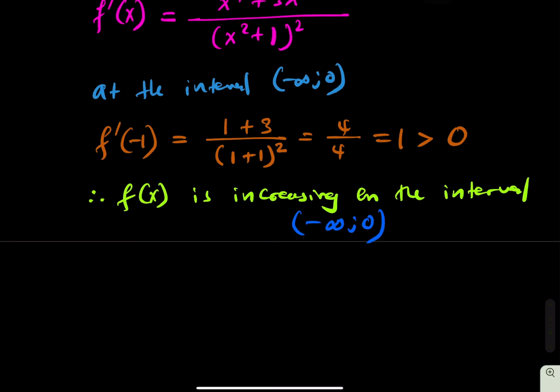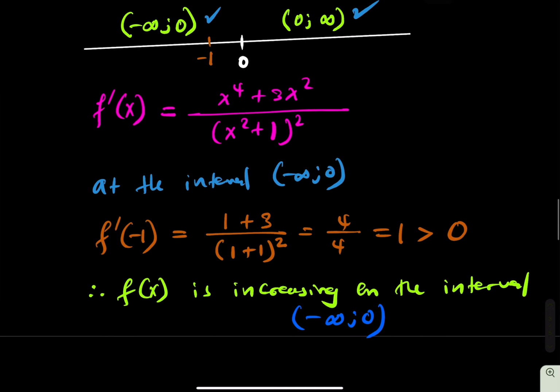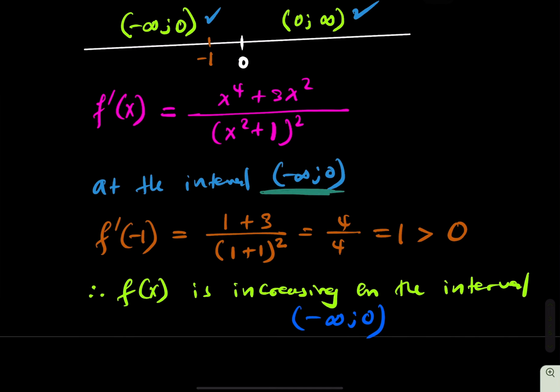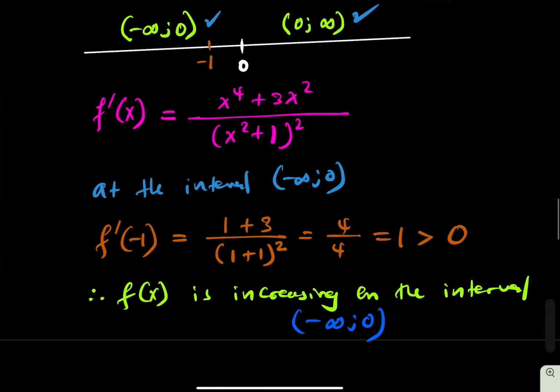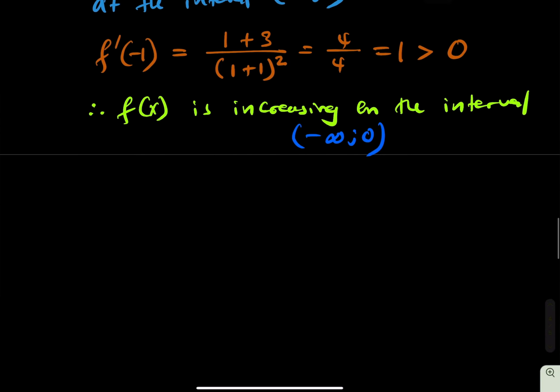This is where f is going to increase, because f prime at x is bigger than 0 on that interval. You can take any x value in this interval, and this graph is going to increase everywhere. You can take negative 5, any x value there, just to check if it's going to be positive or negative.